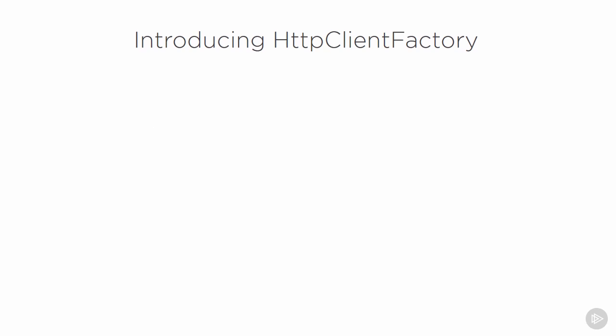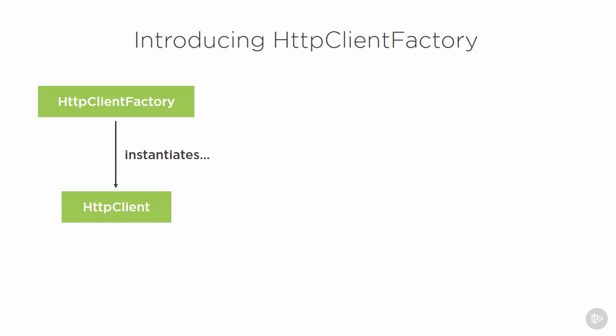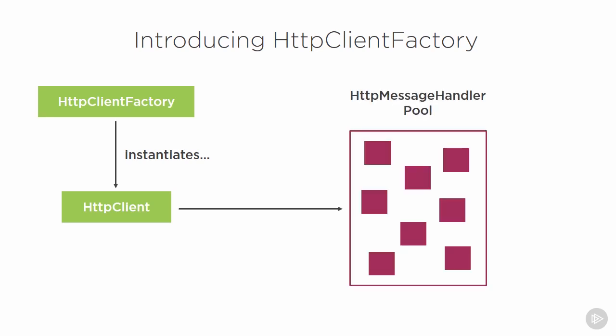Whenever we use the factory to ask for a client, it will create a new HTTP client instance, but instead of recreating the HTTP client handler, which is the primary message handler, it takes one from a pool. In case of an HTTP client handler, it's that one that's used to effectively call the API. So our factory pools HTTP message handler instances and manages their lifetime.